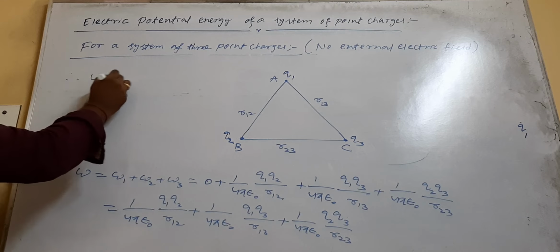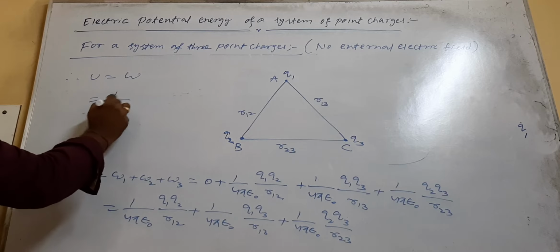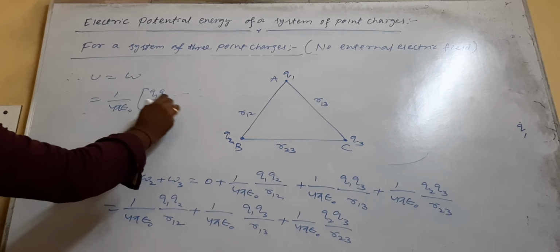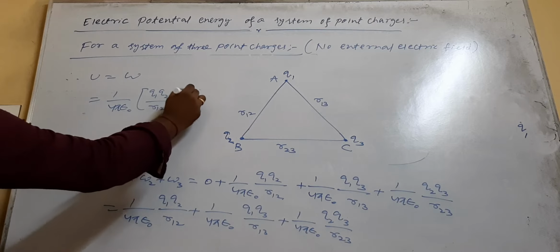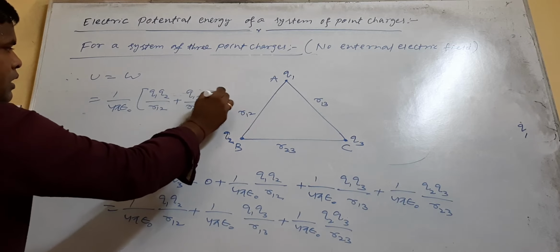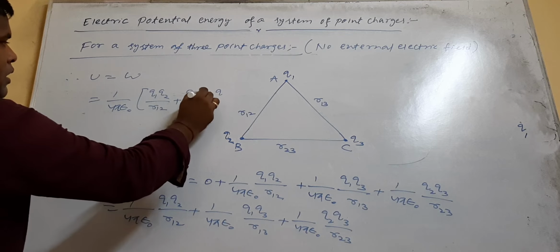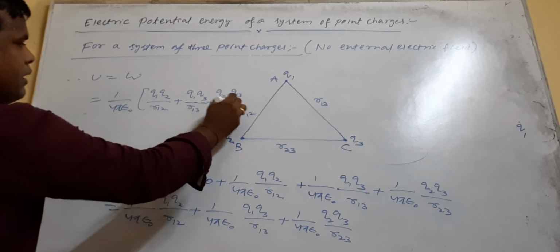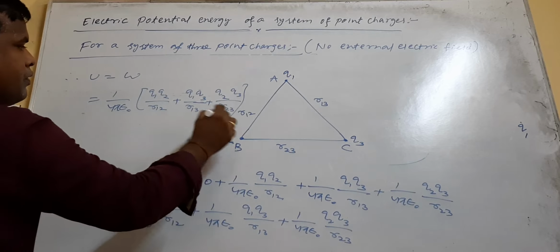Therefore, the potential energy W is equal to 1 by 4 pi epsilon 0 taking common, Q1 Q2 by R12 plus Q1 Q3 by R13 plus Q2 Q3 by R23.